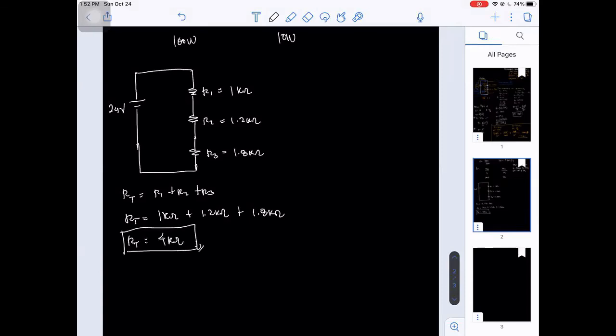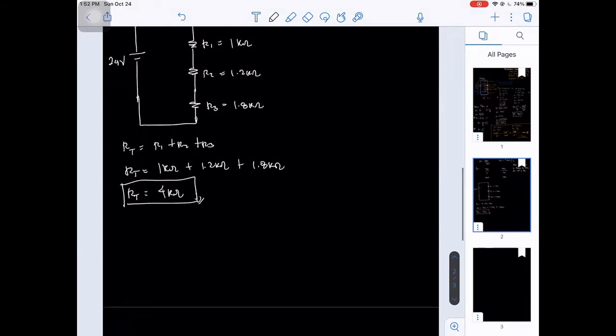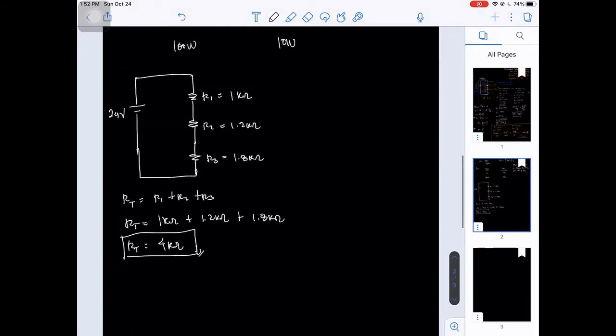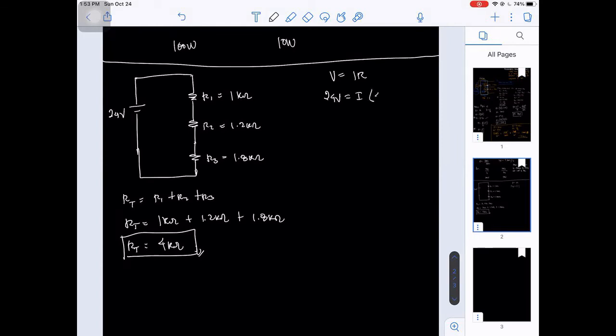Since we have our total resistance, we can now find the total current flowing in the circuit. Using the formula V equals IR, we know already that the voltage is 24 volts and our total resistance is 4 kilo ohms. So the current is equivalent to 24 volts over 4 kilo ohms, and the total current flowing in our circuit is equivalent to 6 milliamperes.